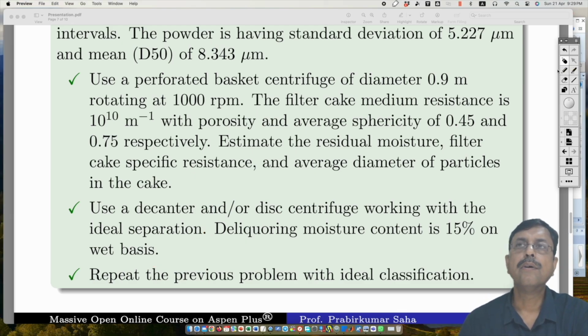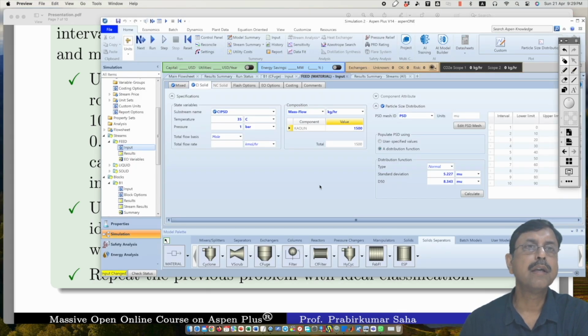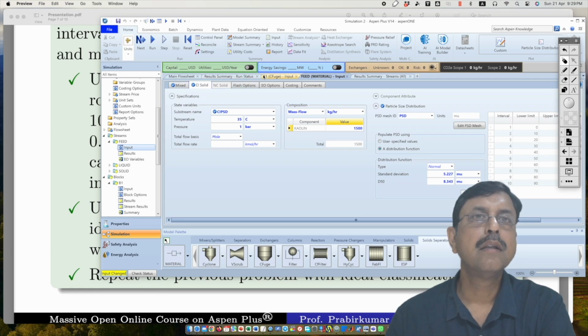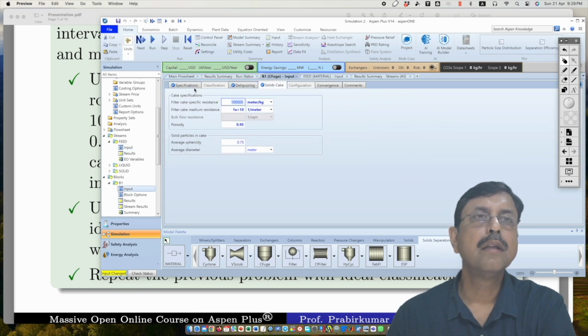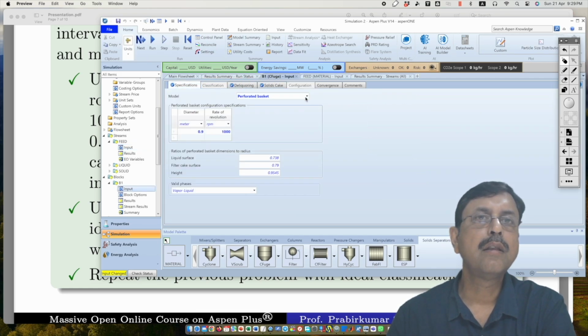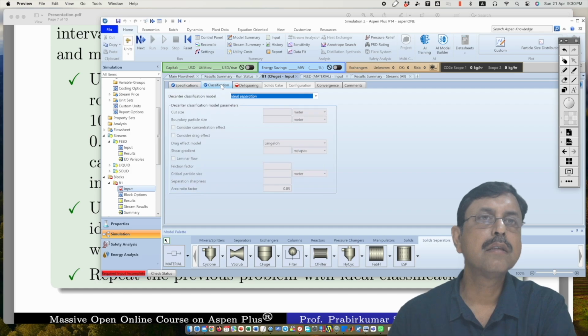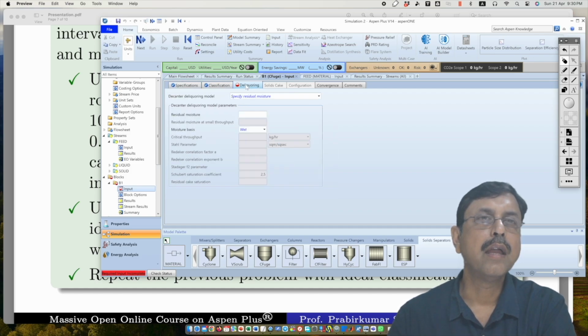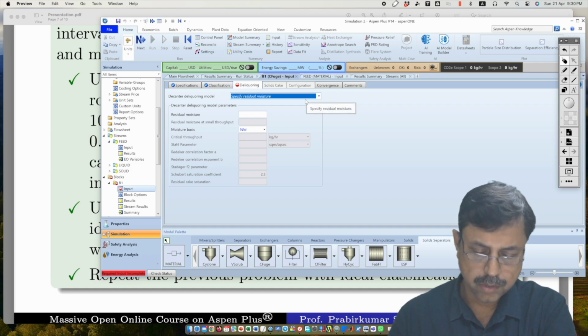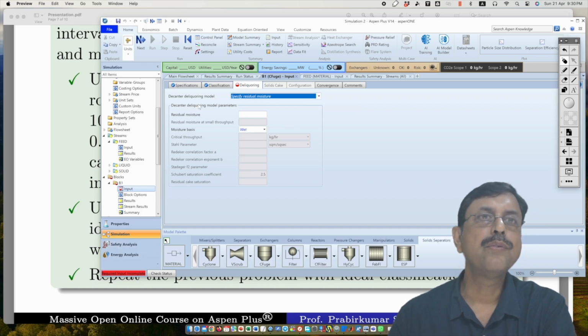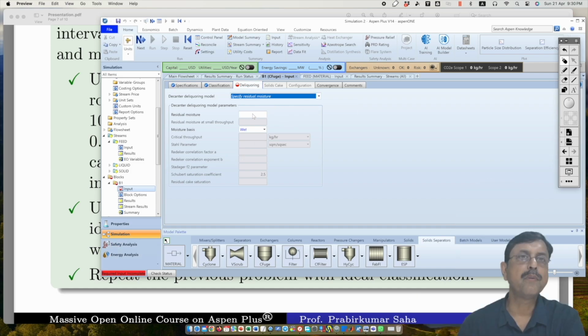Okay, so let us choose a decanter model, a decanter model with ideal separation and deliquoring model. There we have to specify the residual moisture content.